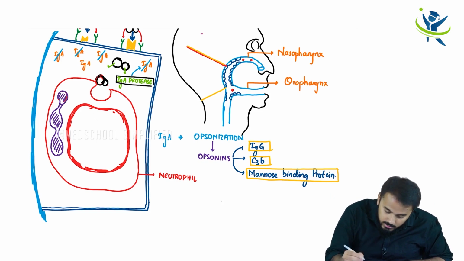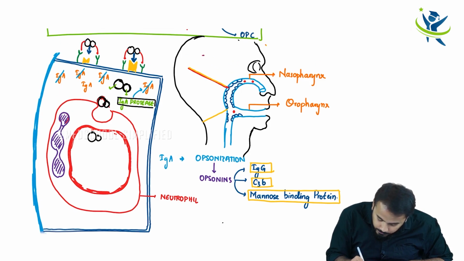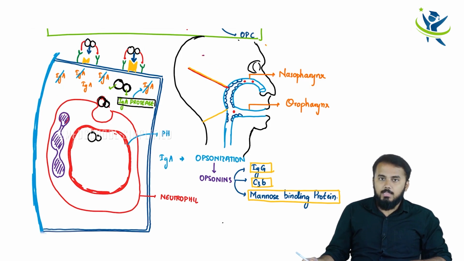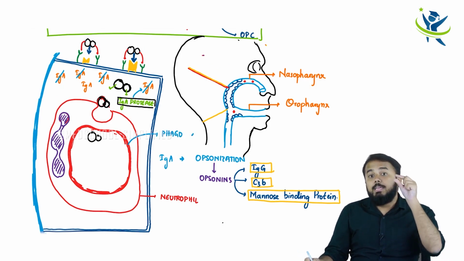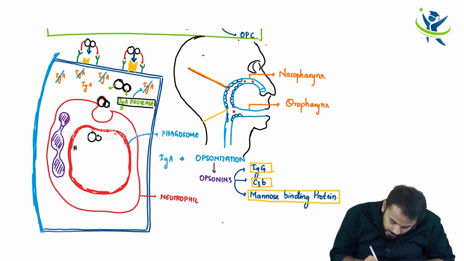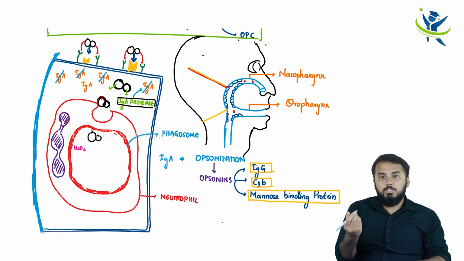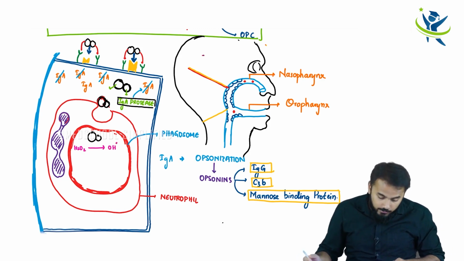So this picture here is your phagosome. Finally the bacteria is in the phagosome. Now within the phagosome, we have H2O2, that is hydrogen peroxide. Hydrogen peroxide is converted into OH dot. What do you mean by OH dot? OH dot means hydroxyl radical. All of you look here.